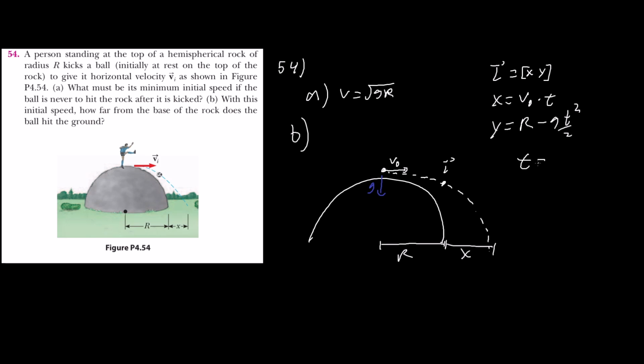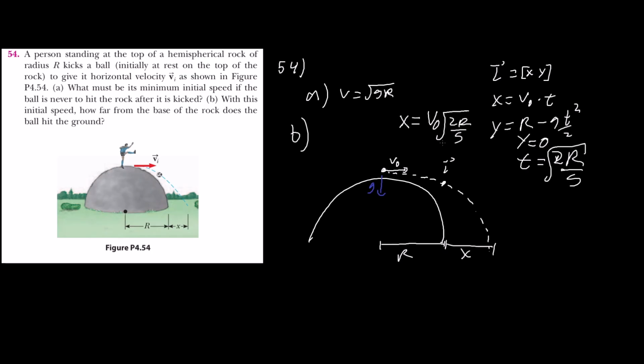When y equals 0, t is just going to be the square root of 2 times the radius divided by g. So x here would be the speed, v naught, times the square root of 2r over g. That would be the result.